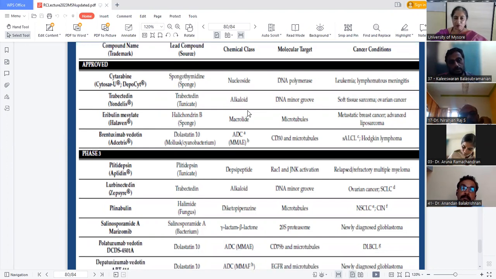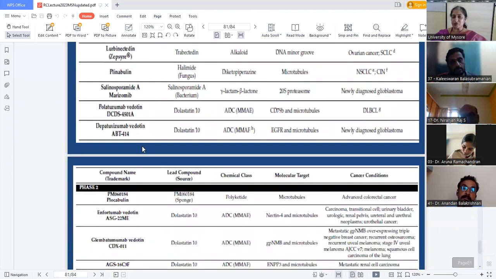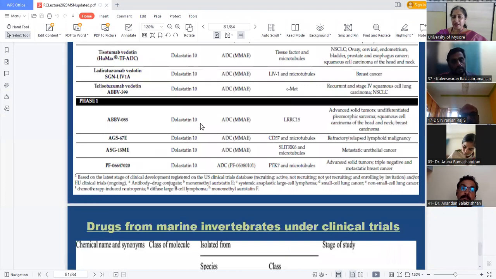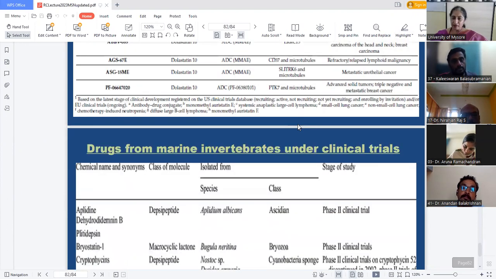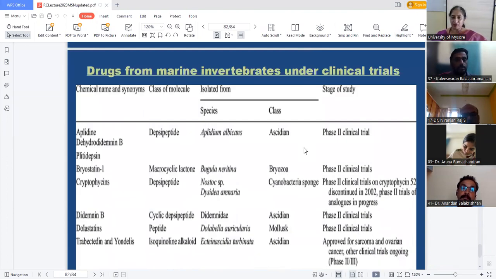Okay, so like that, there are drugs which are also in phase 3, phase 2, as well as phase 1 trials. The names have not been decoded, but their molecular targets have been achieved. Okay. Now we also have drugs from marine invertebrates which are under clinical trials. This is from a different paper, but more or less the same information is available.